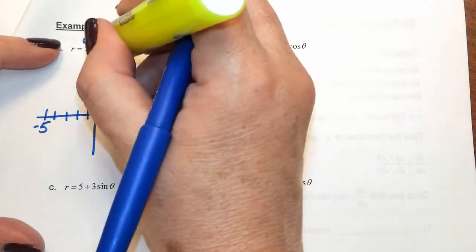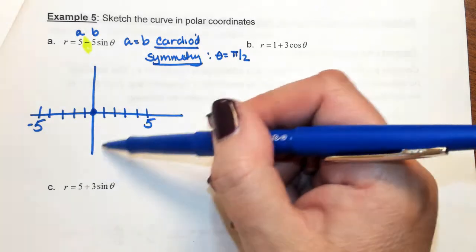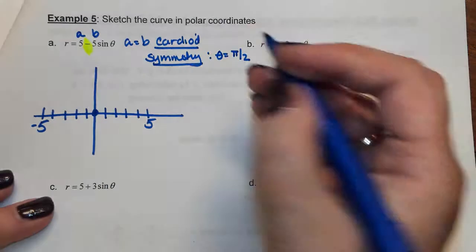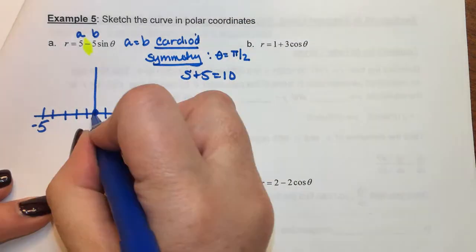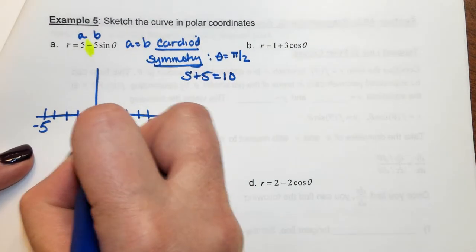Because this is minus, a majority of the limaçon is going to be on the negative side of your line theta equals pi over 2. And then if I add those a and b values together, that's going to give me the distance to this point on the line theta equals pi over 2.